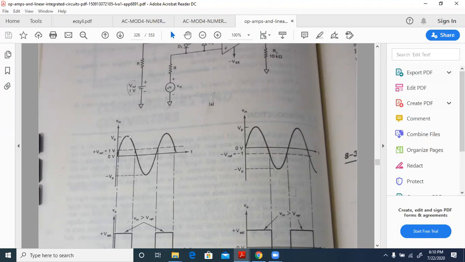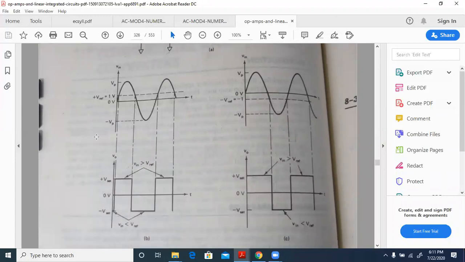But now we have this as 1 volt and this has -1 volt, and at 0.5 we have the reference value. So in this case, when the reference value is at 1 volt and when the peak value is approximately 4 volts, then between this point and this point, you will get high. Between this point and this point, you will get low.